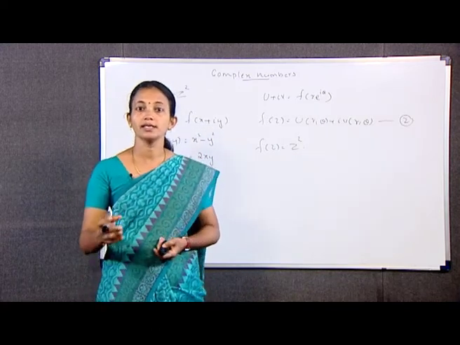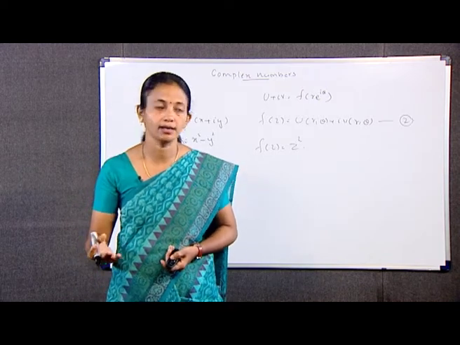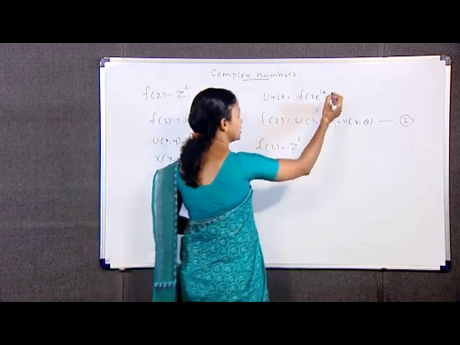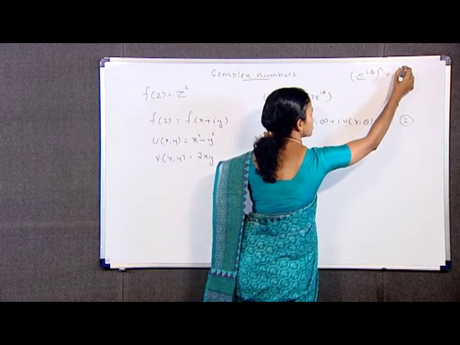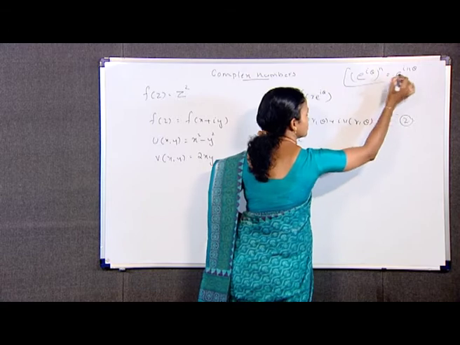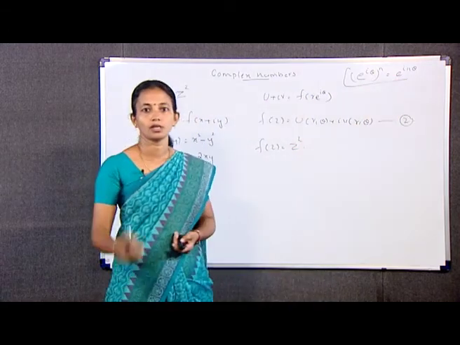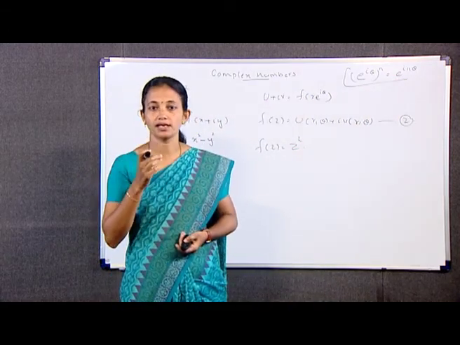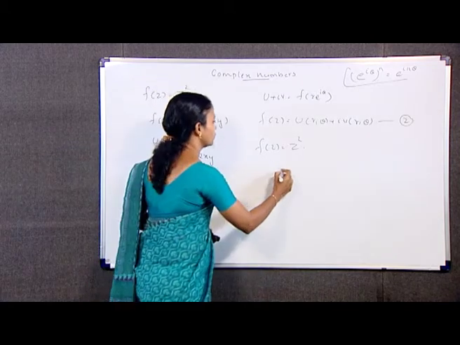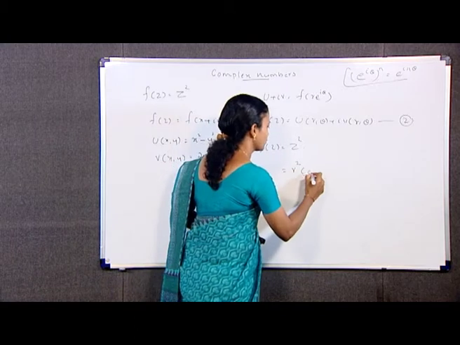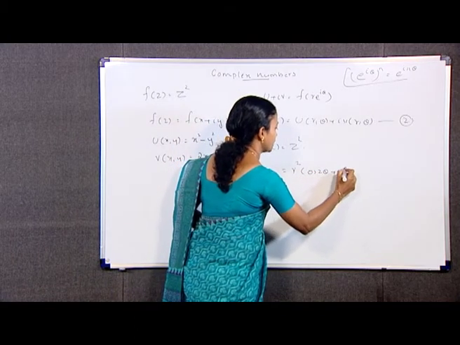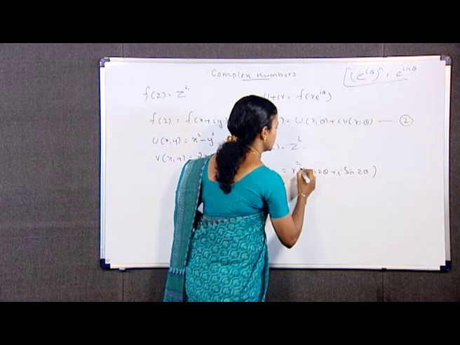Since we have (e raised to i theta) whole raised to n, we have a result e raised to i theta whole raised to n is equal to e raised to i n theta by theorem of De Moivre's, which is equal to r square (cos 2 theta plus i sin 2 theta).